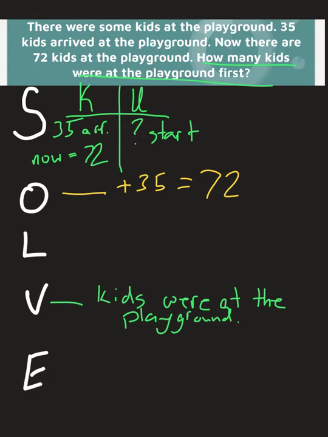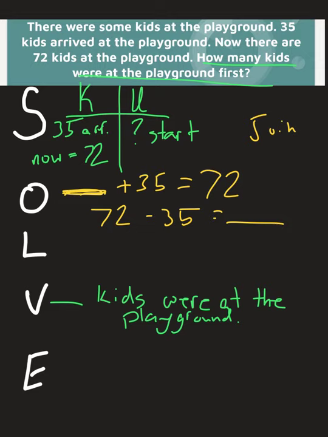Now, remember, there are some kids there. We don't know how many. More kids came to the playground. Okay, great. This is a join problem. But it's a join problem where our start is unknown. We don't know how many kids were there. Well, I could guess at how many kids were there, but it's so much easier to use our fact family and subtract 72 minus 35 to give me our start that's unknown.